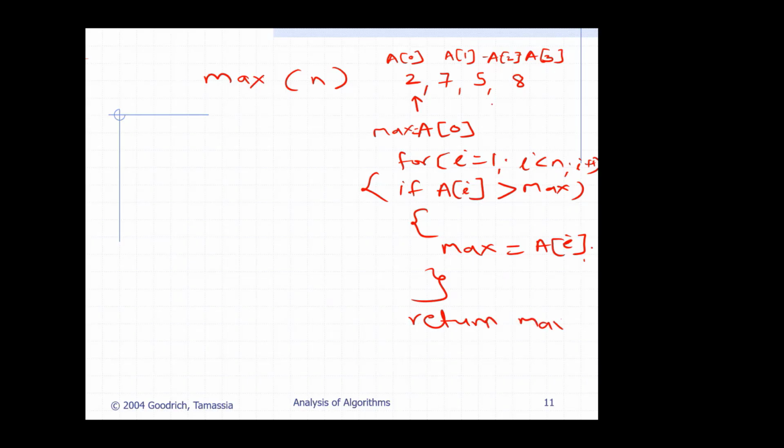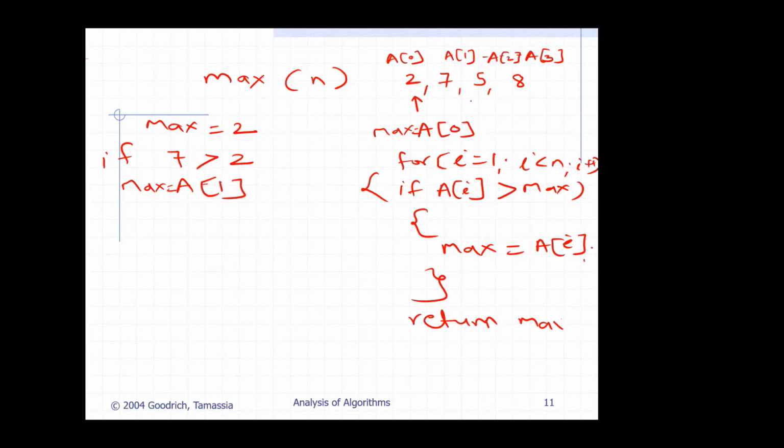So in this case, if we run it on these 4 numbers, initially our max is equal to 2. Then for the remaining values, we are going to check. When it goes to the second, we check if 7 is greater than 2. Yes. Then in that case, my max becomes A of 1.